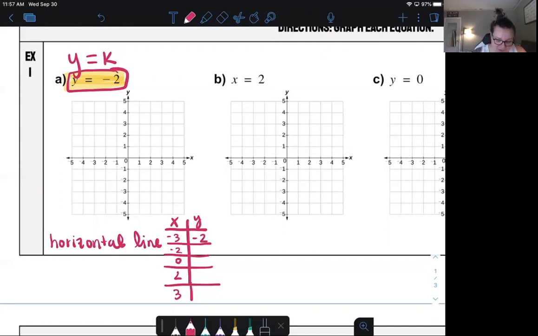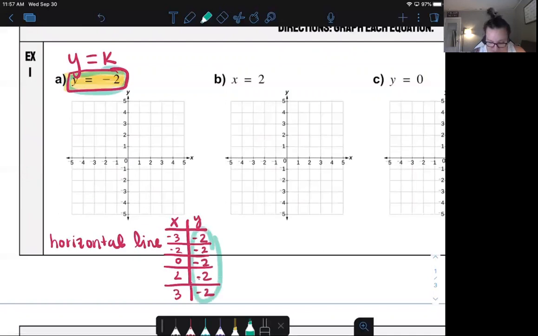If x is -2, y is -2. If x is 0, y is still -2. If x is 2, I bet you guessed it, y is -2. If x is 3, well, hey, y is still -2. So what I see here is that no matter what x is, y is always equal to -2.